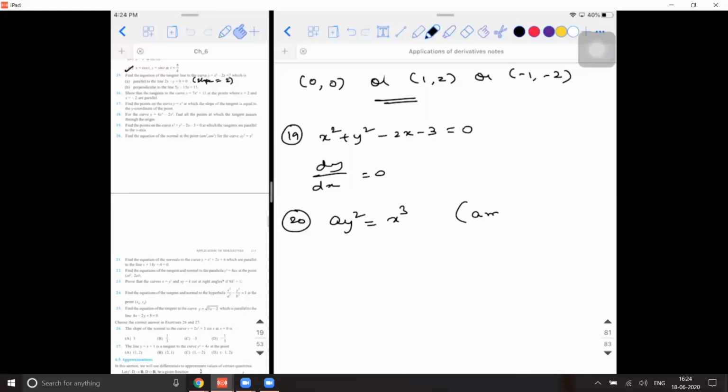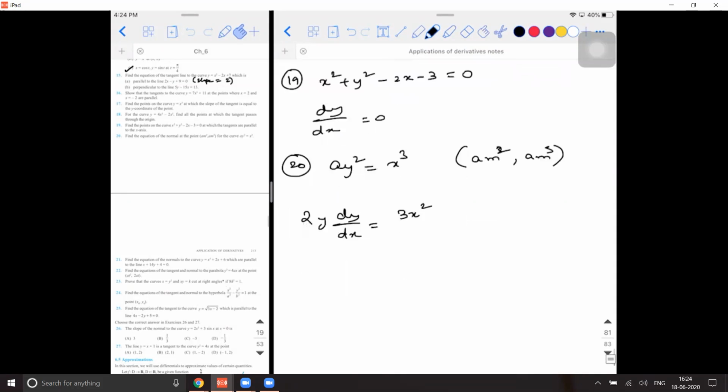The given point is am square comma am cube. So what is dy by dx? 2y into dy by dx is equal to 3x square. So dy by dx will be equal to 3x square divided by 2y, right?